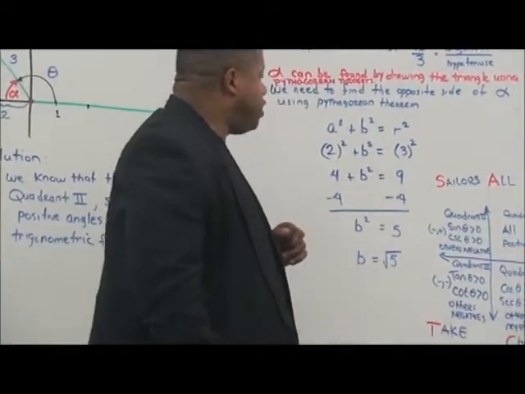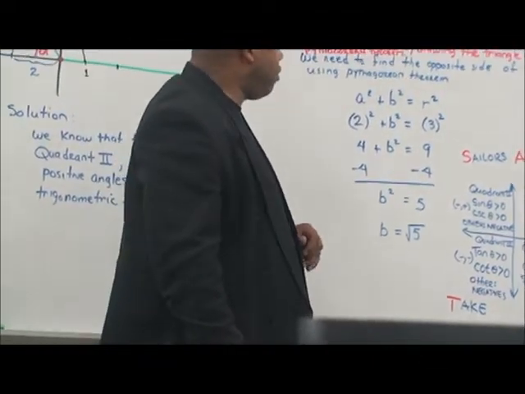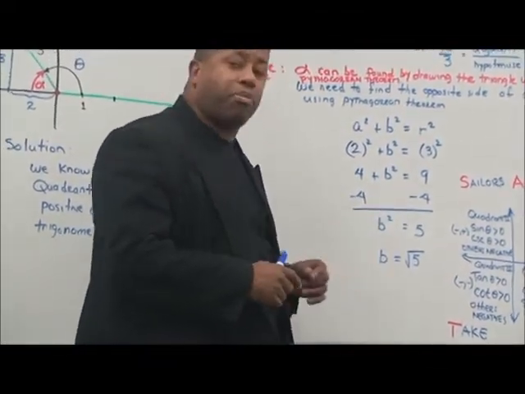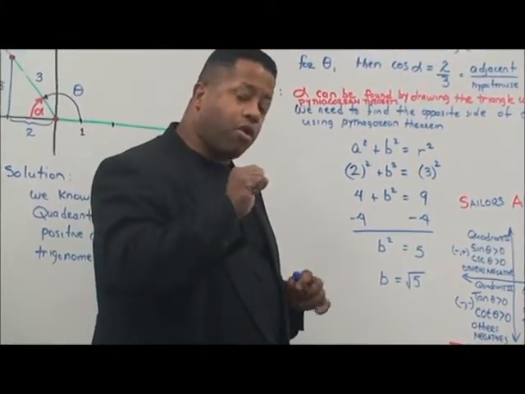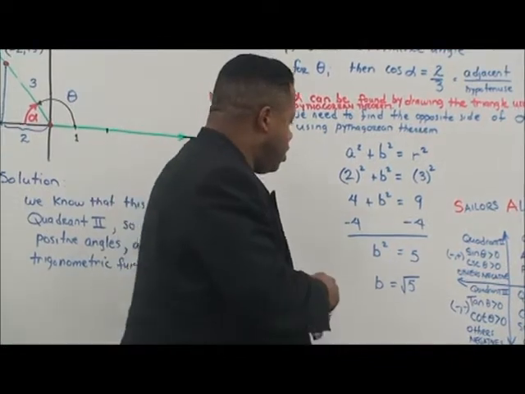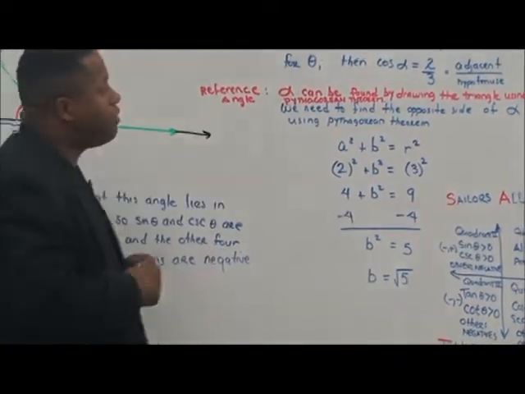So 4 plus b squared is equal to 9. Subtracting 4 from both sides brings down our b squared. And remember, we have to solve for b. And that comes to be the square root of 5.